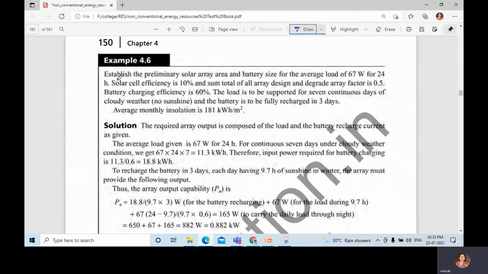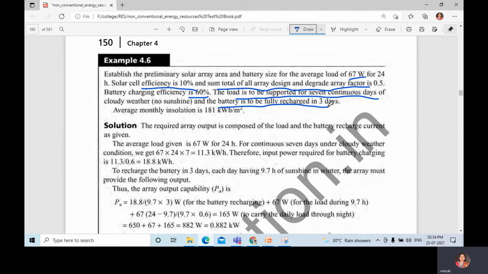Here, establish the preliminary solar array area and battery size for the average load of 67 watt for 24 hours. Solar cell efficiency is 10% and the sum total of all array design and degrade factors is 0.5. Battery charging efficiency is 60%. The load is to be supported for 7 continuous days of cloudy weather, and the battery is to be fully recharged in 3 days.